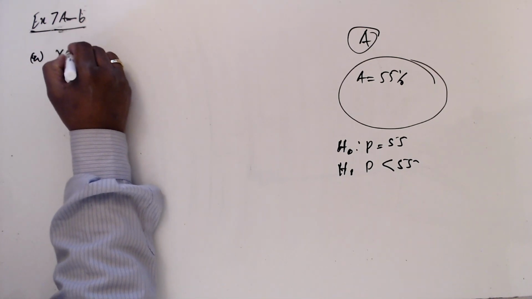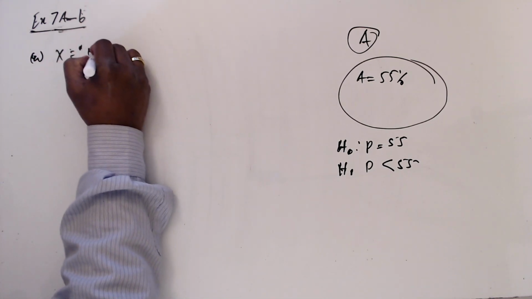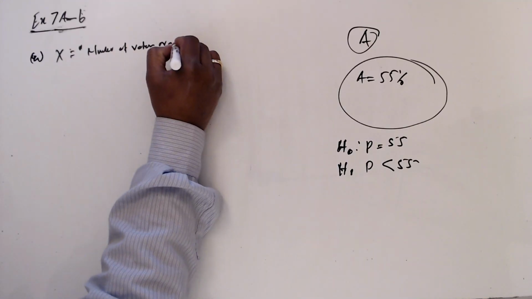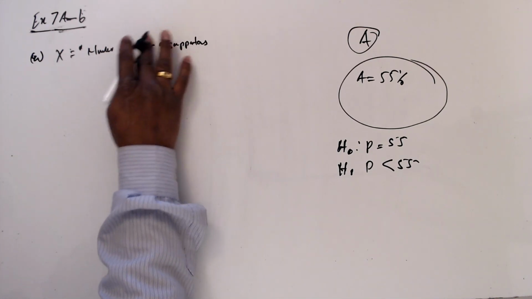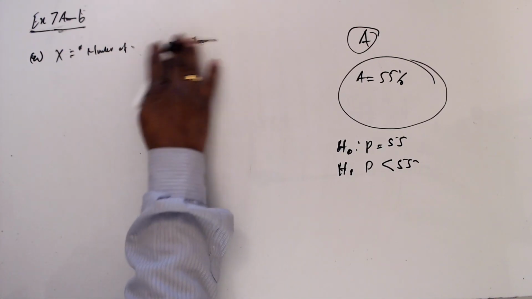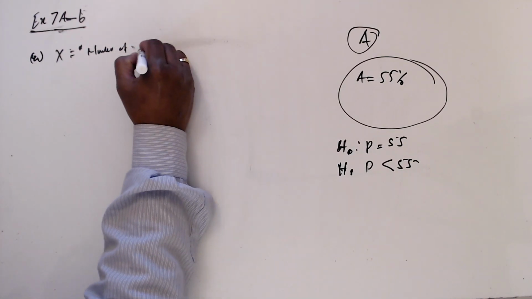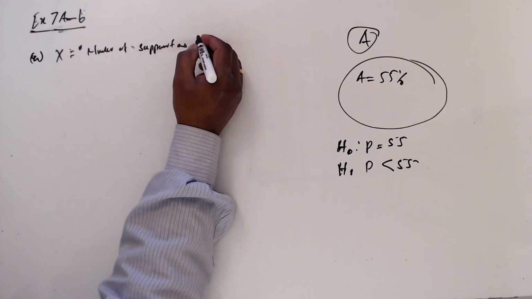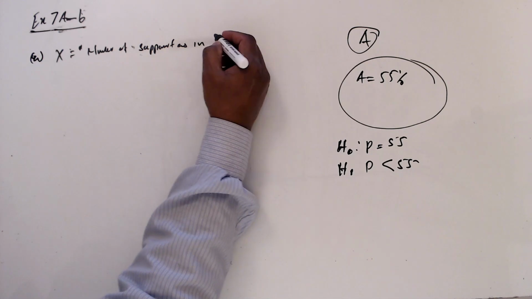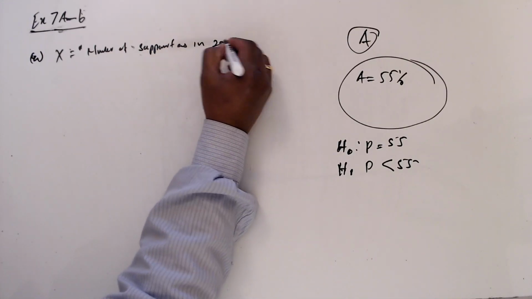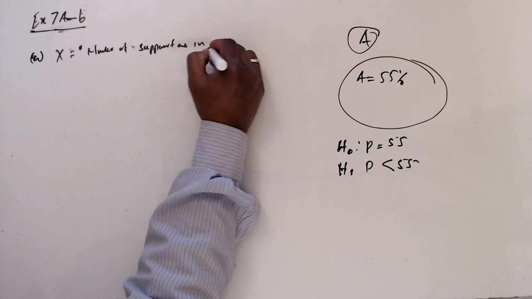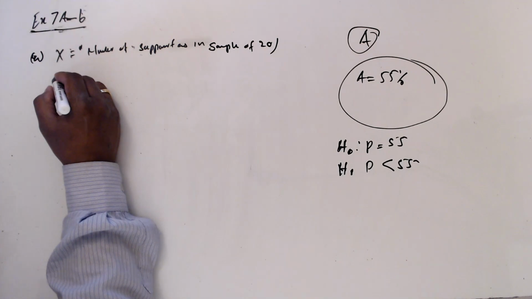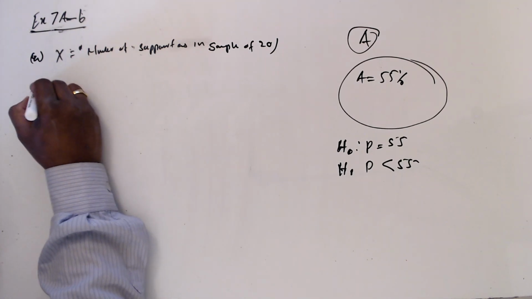So X is the number of supporters in a sample of 20.